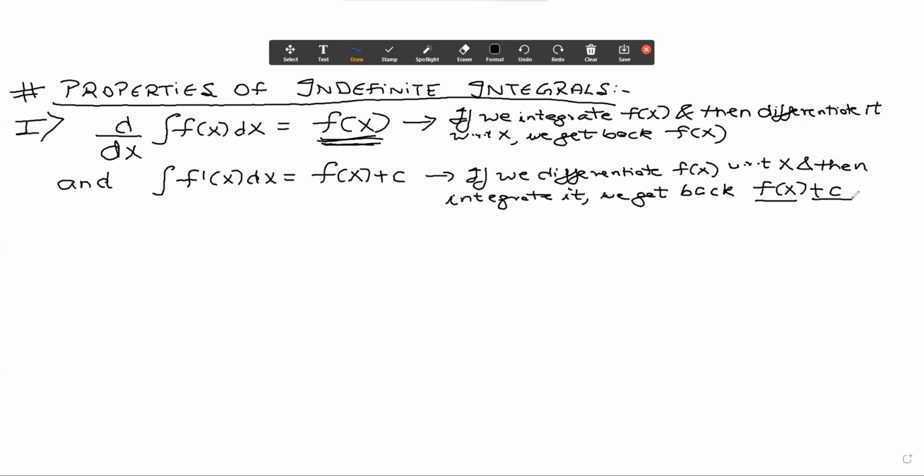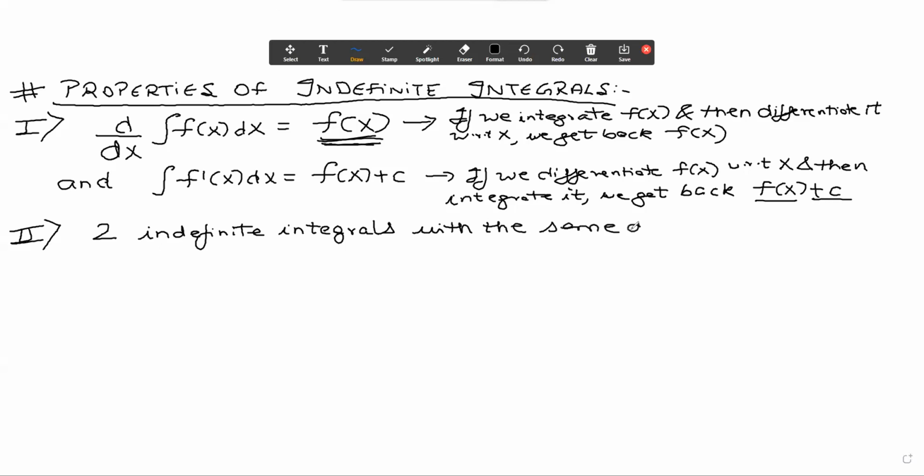Okay, so second property: two indefinite integrals with the same derivative lead to the same family of curves, and they are equivalent.